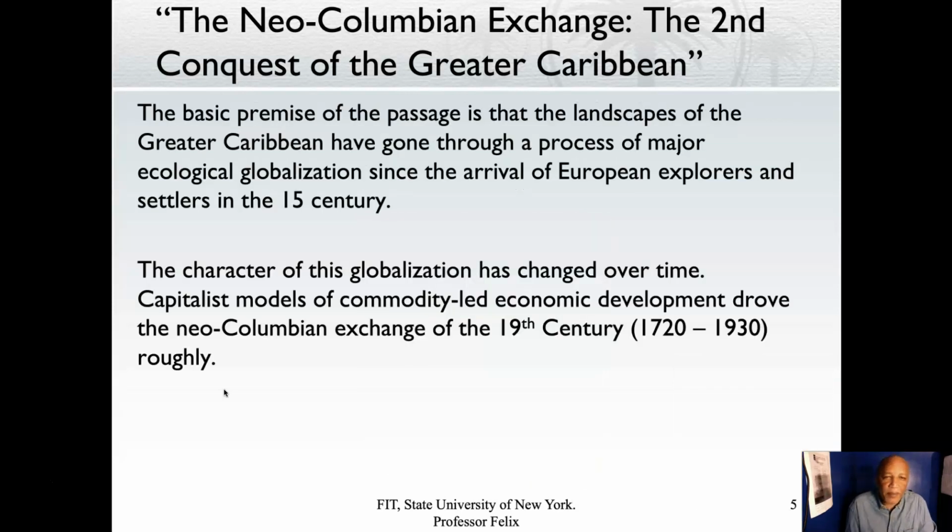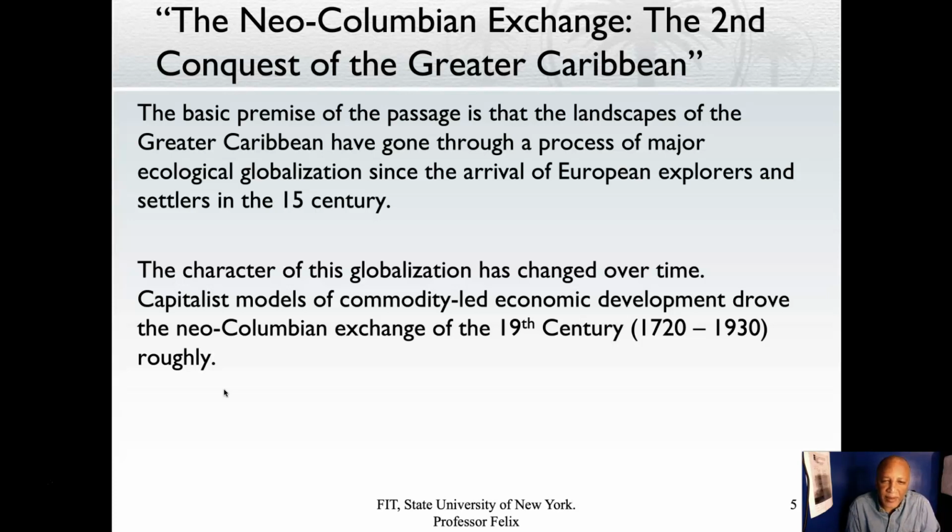So the basic premise of this book by this man is that the landscape of the Greater Caribbean went through a process of major ecological globalization since the arrival of European explorers and settlers from 1492, the arrival of Columbus, to the present.